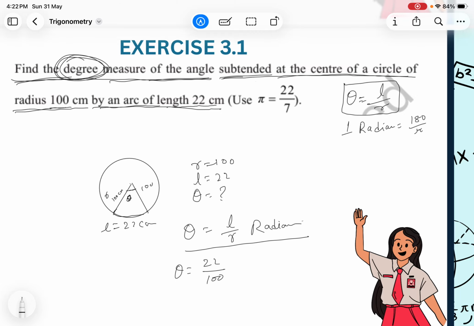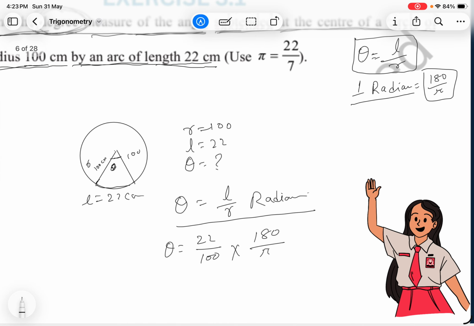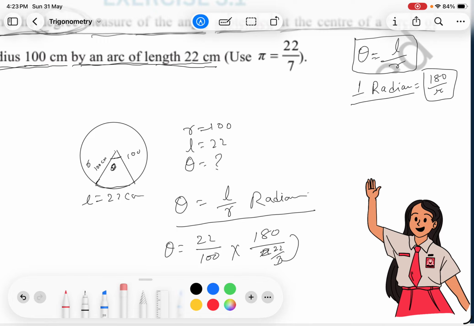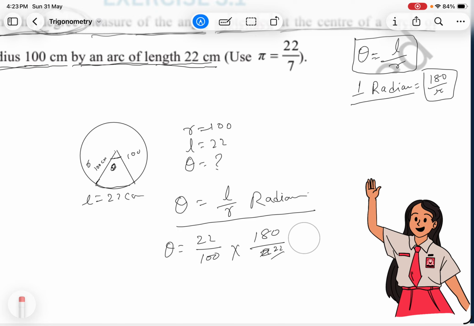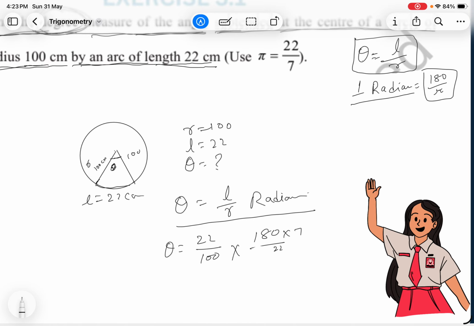If we want to convert radian to degree, then 1 radian equals 180 by pi. So we will multiply by 180 by pi, right? We can say pi is 22 by 7, and if we have 7 here, we can move it up. So it is 22 into 7.